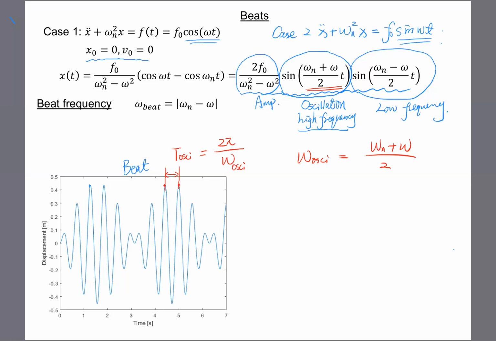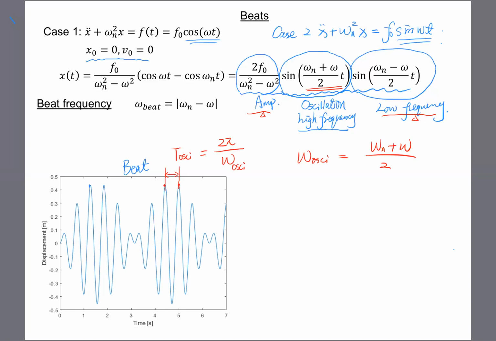The second part we need to find is the amplitude. Where can we find this amplitude? In order to find it, we have to look at this amplitude together with the low frequency component. We can see that this amplitude is actually the amplitude of the low frequency component. Where's that low frequency?